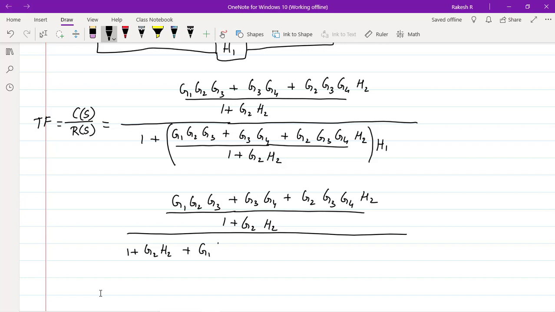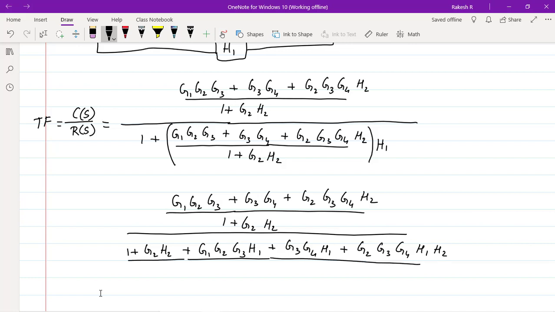So this becomes G1 G2 G3 plus G1 G2 G3 H1 plus G3 G4 H1 plus G2 G3 G4 H1 H2 divided by 1 plus G2 H2 here.